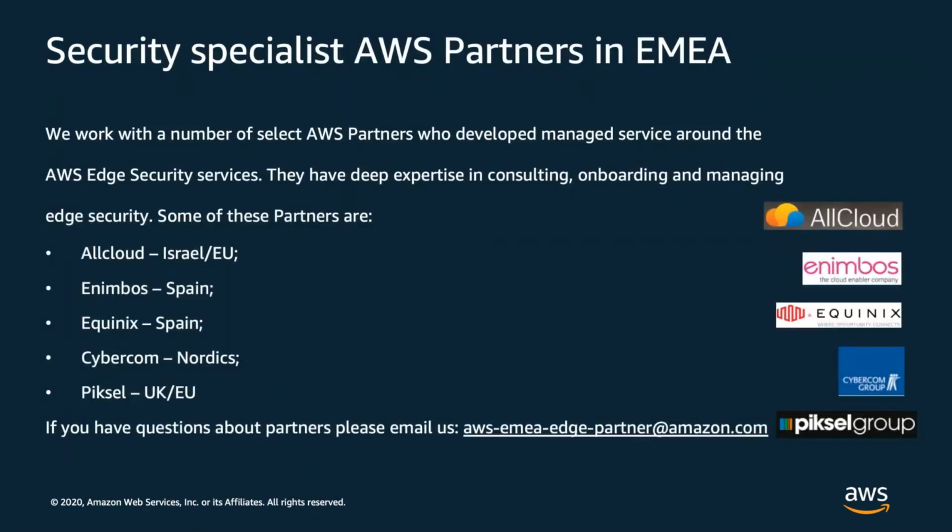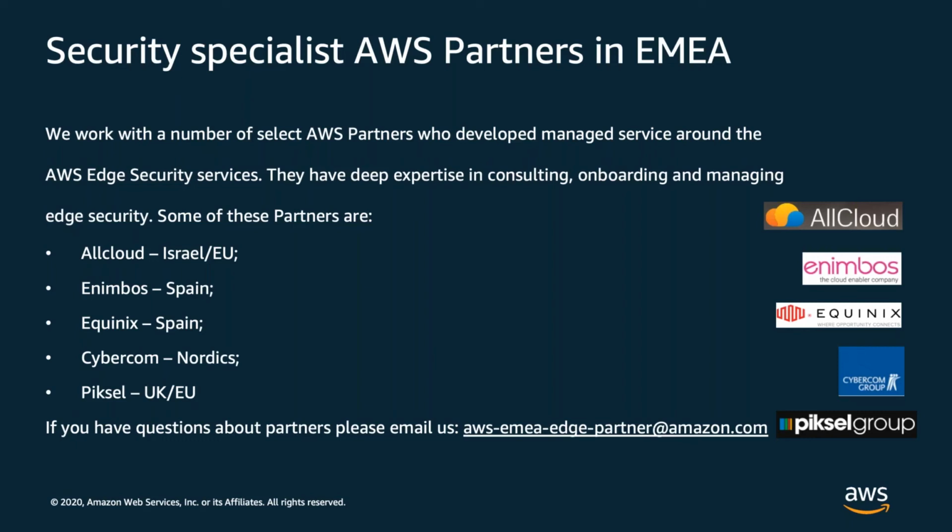Now I want to quickly just talk about some recent events. We've recently engaged a bunch of AWS managed security partners that can help you manage this undifferentiated heavy lifting. If you're a customer that doesn't want to spend the large amount of effort into configuring AWS Shield Advanced and AWS WAF, we have managed services partners that can assist you in doing that.